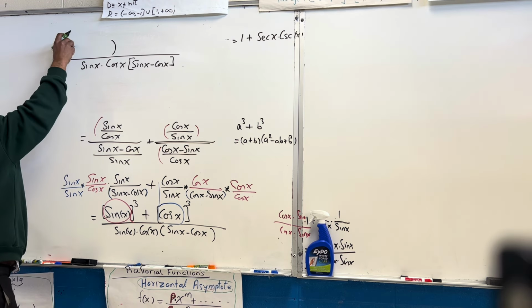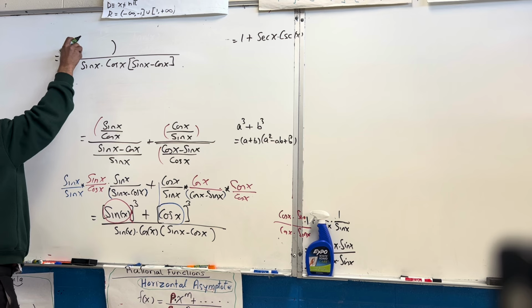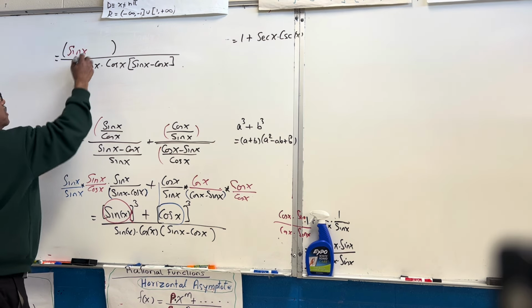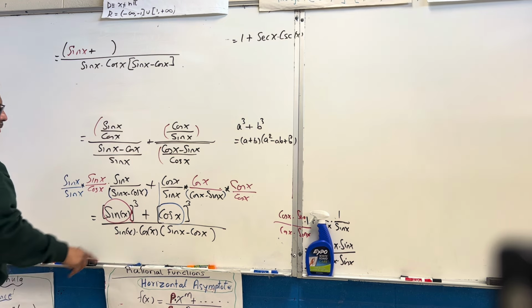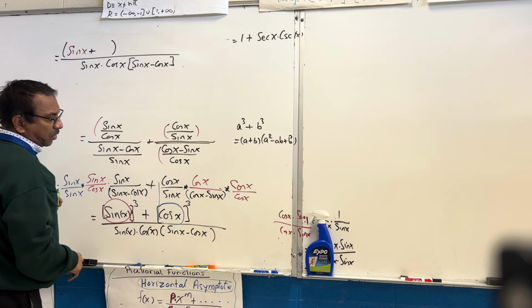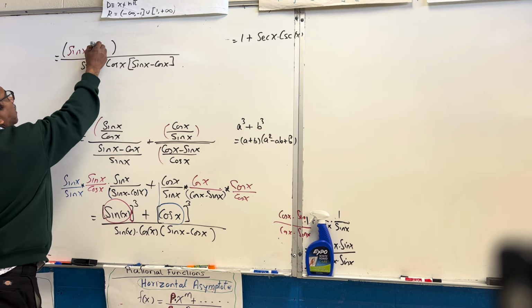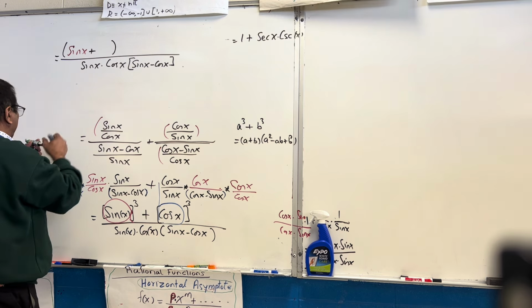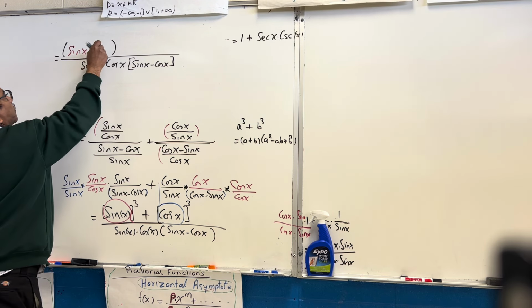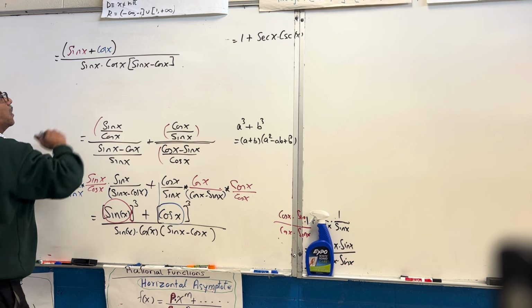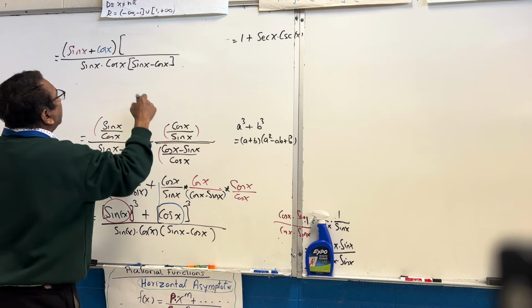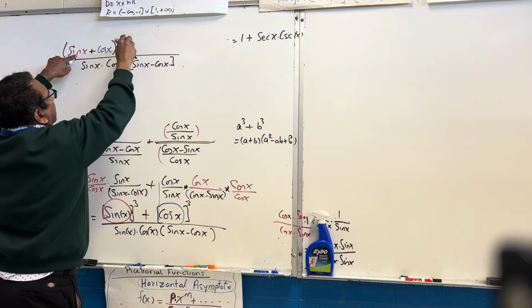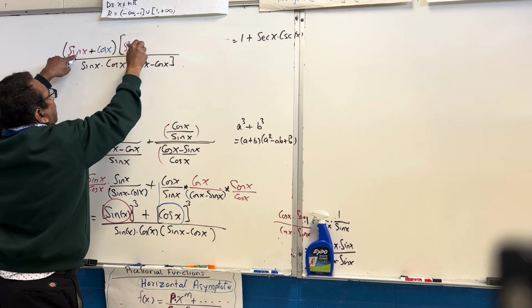So it is sine of x plus cosine of x, the blue color. And then there is a square, so square the sine x, so this becomes sine square.